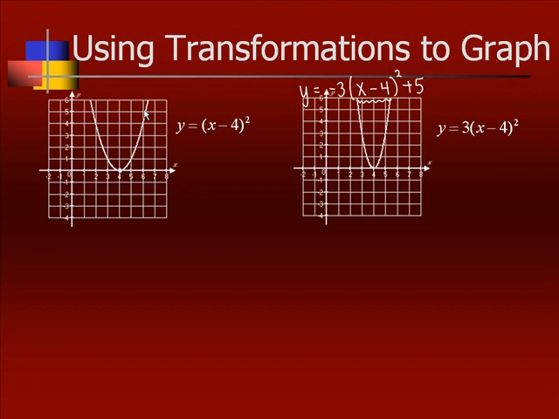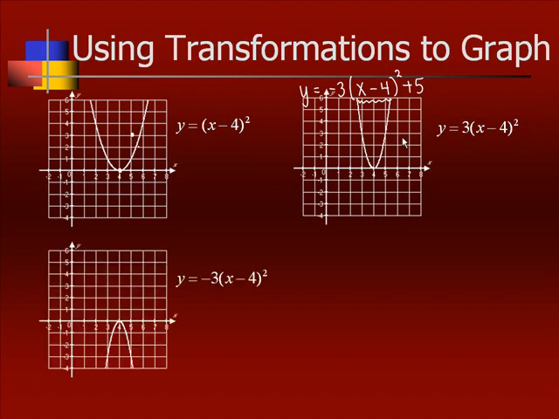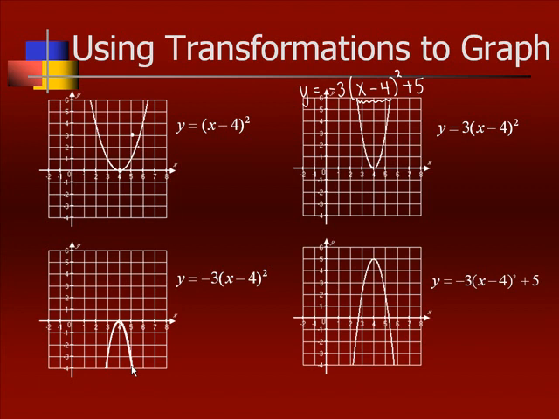Next thing we're going to do is vertical stretch it by 3. So if this was 1, now it's going up to 3. Every value gets multiplied by 3. The negative 3 means we're going to reflect it across the x-axis, and then the plus 5 means we're going to shift it up 5 places.